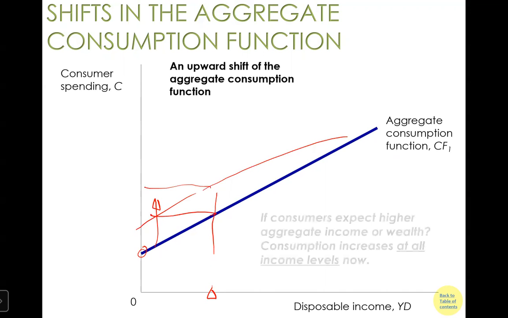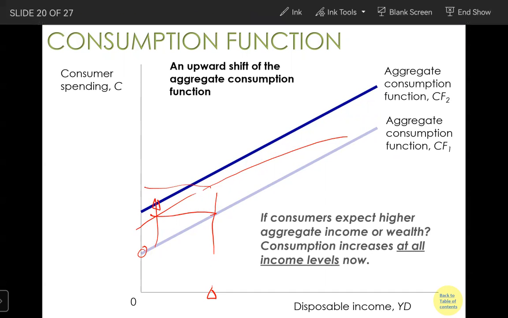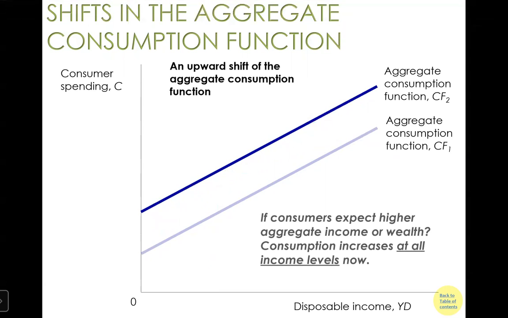On the other hand, if it goes down, that means consumption decreases, right? So what factor can cause the consumption function to move up? Usually it happens when consumers expect higher aggregate income or wealth.